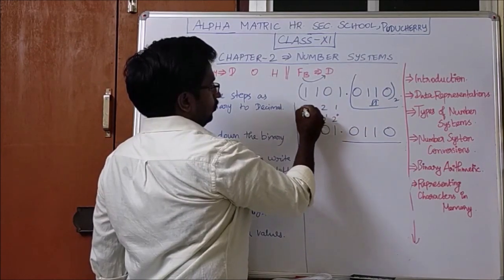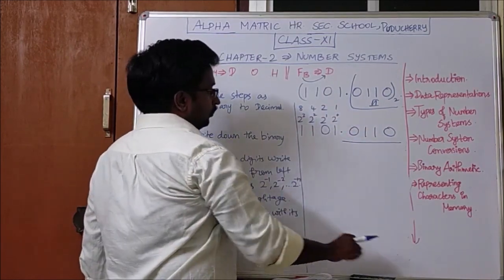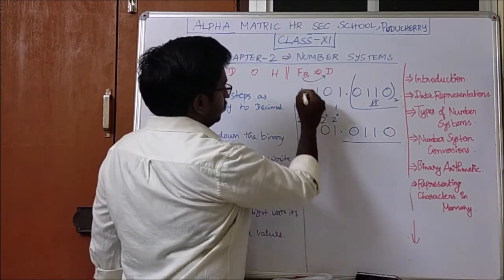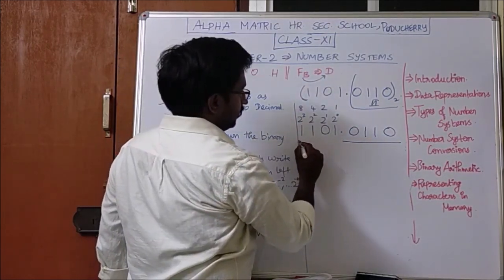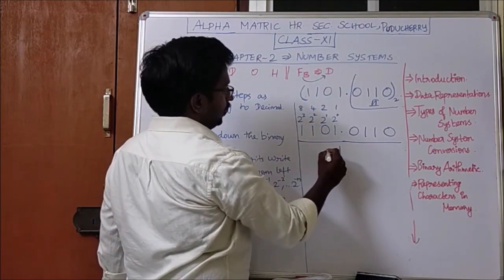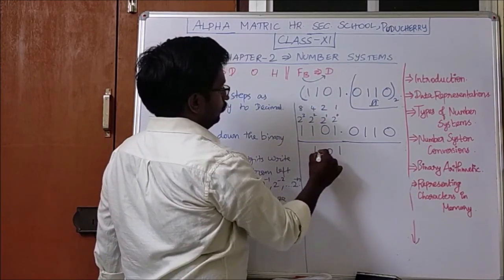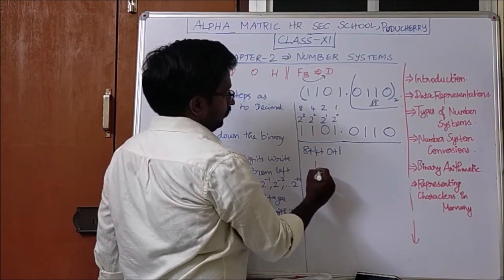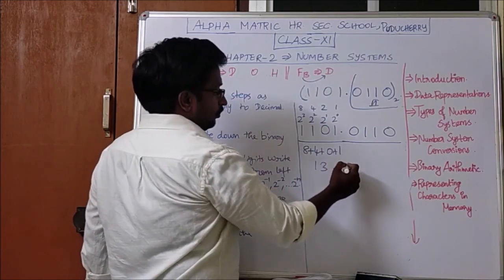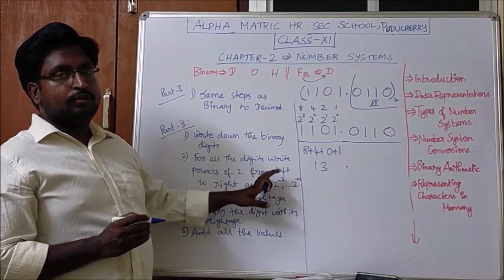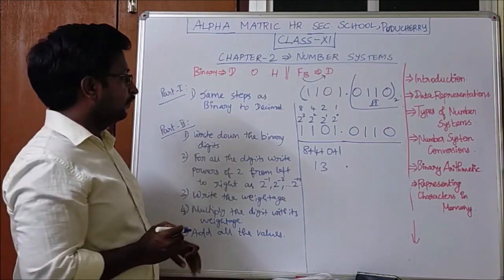That is 1, 2, 4, 8. Next you multiply the corresponding digit with its weightage. That is 1, that is 0, 4, 8. Add all the values. That is 13. So this is very similar to binary to decimal.